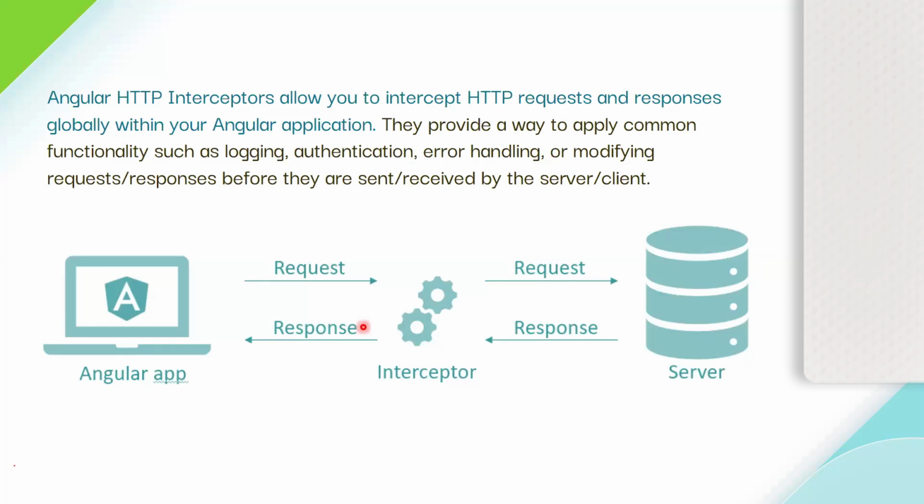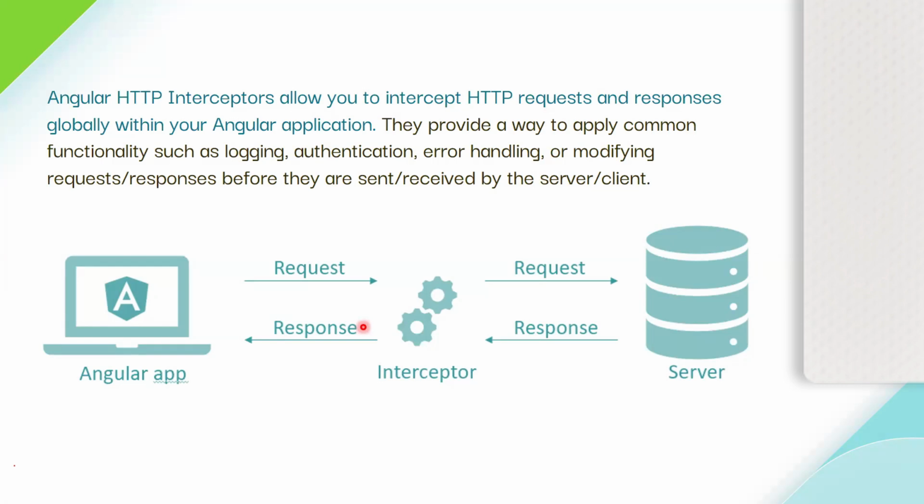What it does is it tries to intercept the request and modify the request, maybe change or remove things, and they can forward it to the server. When a response comes, an interceptor can also modify the response and change it or return it to the Angular application.